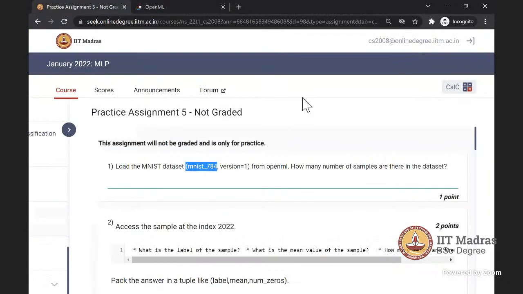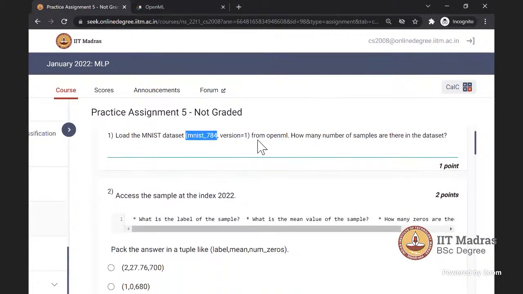Does it answer your question? I just wanted to know if in Colab itself we can get some information about it. If I'm opening this for the first time and I don't know what to pass for 784, how will I come to know if I'm working only in Colab?